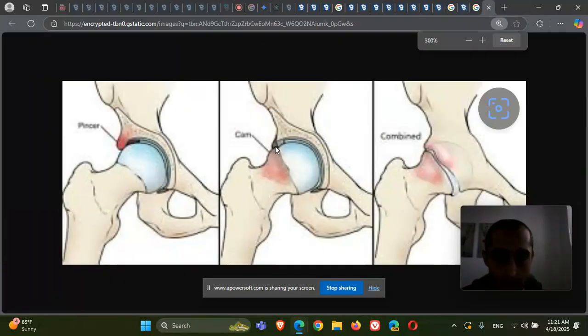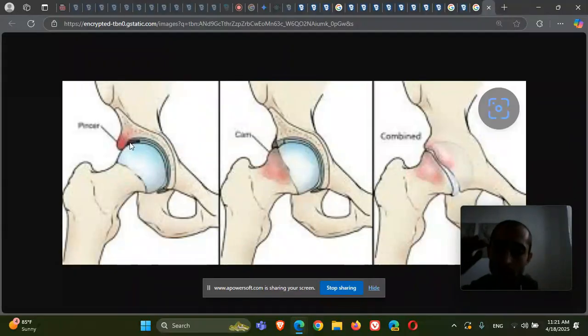You can see the cam, where the femoral neck is more convex, more prominent, and the pincer, where the acetabular area is sharper and more distal compared to normal. It can be combined or isolated, and this umbrella is called femoroacetabular impingement, because those things can predispose to labral tear.